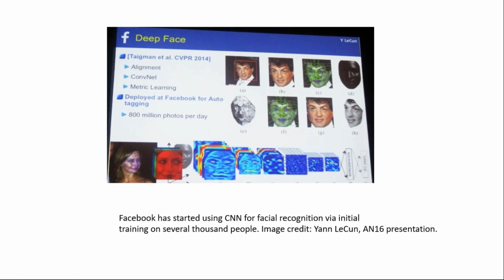It has been trained with millions of images, whereas Facebook has 800 million photos uploaded per day. In such a way, how many millions of photos are there? Those Facebook data scientists have trained the network in a way that works accurately. Okay, and this is one of the examples where a deep network comes into the picture.